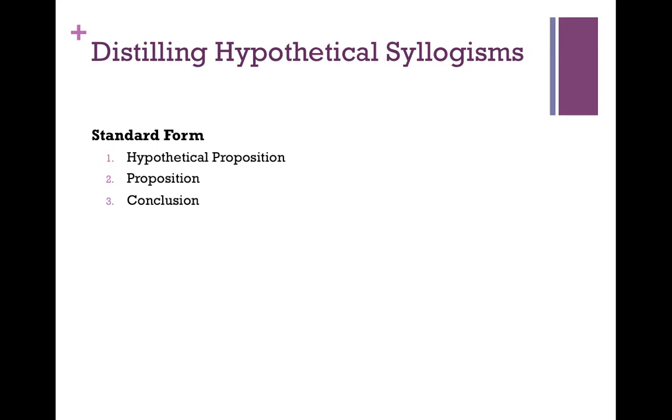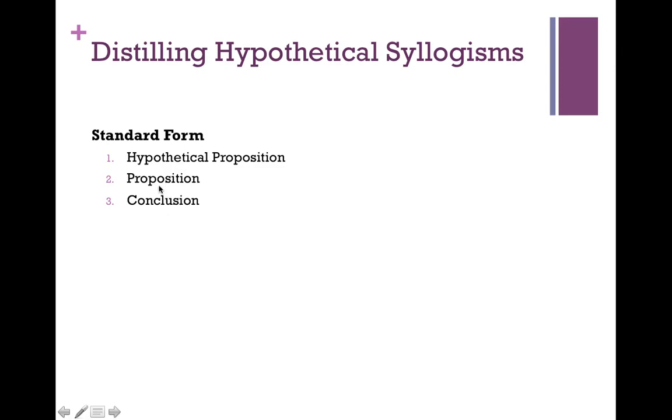All right. So finally, I want to talk about distilling hypothetical syllogisms. You'll encounter hypothetical syllogisms in natural life or in ordinary life, and you'll see them in natural language and all manner of forms. And we want to be able to put them into, you guessed it, standard form. Standard form for the hypothetical syllogisms is just going to be you list your hypothetical proposition first, then you list your non-hypothetical proposition, and then you list your conclusion.